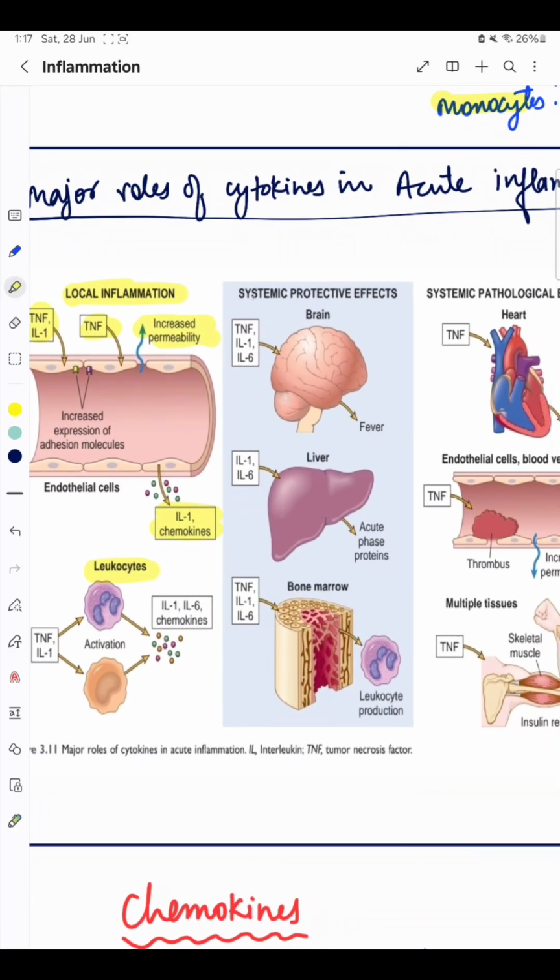In systemic protective effects, TNF, interleukin 1 and interleukin 6 are responsible for the development of fever. Interleukin 1 and interleukin 6 are responsible for the production of acute phase proteins from the liver, and TNF, interleukin 1 and interleukin 6 increase the production of leukocytes from the bone marrow.